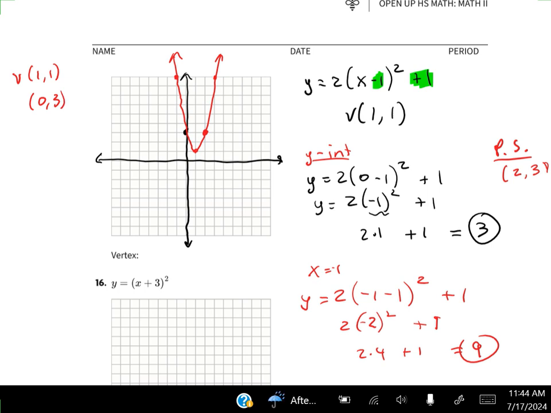We get a point symmetric to the y-intercept at 2, 3. And then we have just random points that we plugged in. We get negative 1, 9. And then on the opposite side, it's going to be, oh, I'm sorry, it's going to be 3, 9.